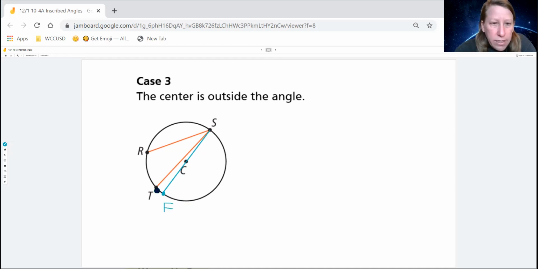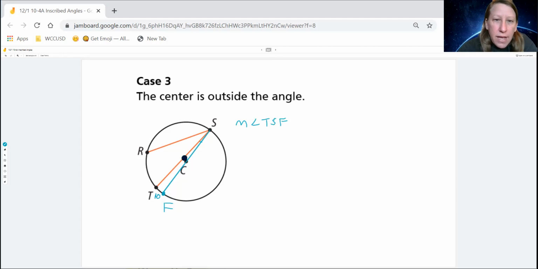And this is a really small arc. I'm just going to make up a number for it. I'm going to make up that it's 10. So question, if this little arc is 10, and this is the inscribed angle over this teeny tiny part right there, what is the measure of angle TSF?